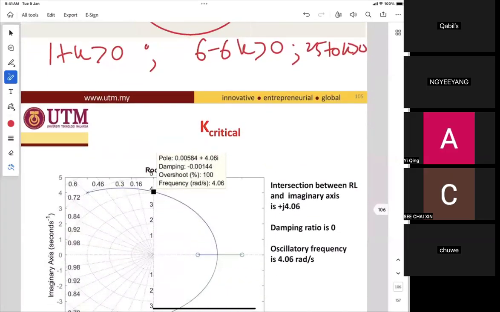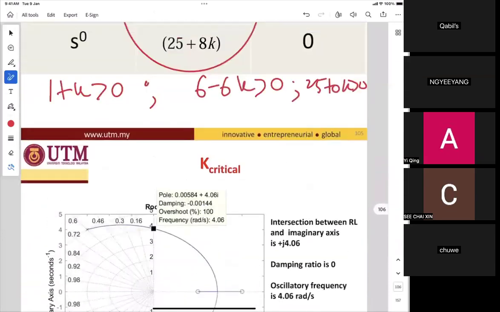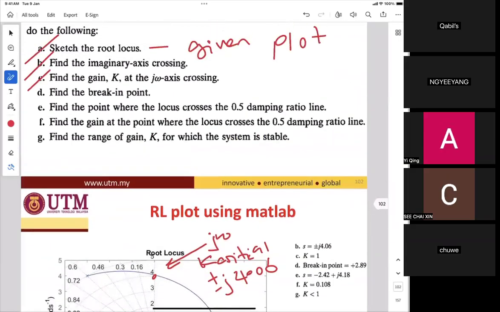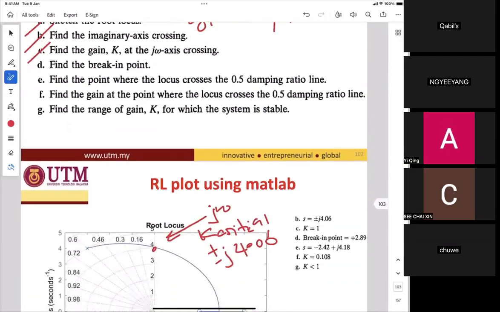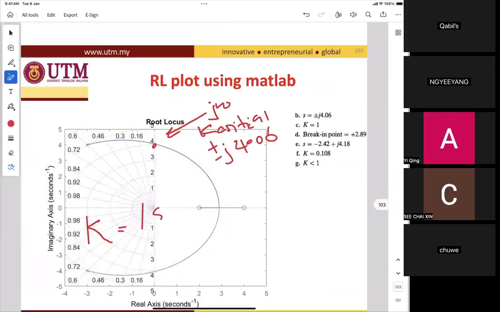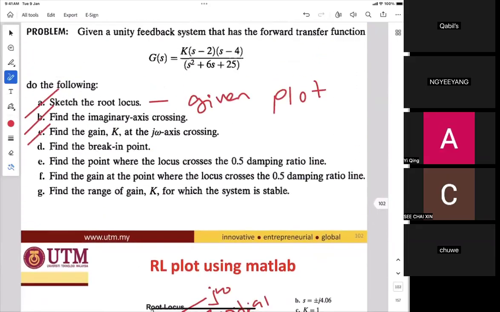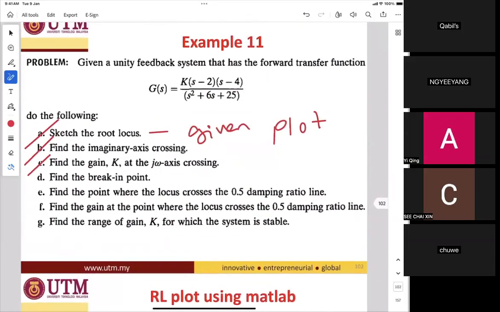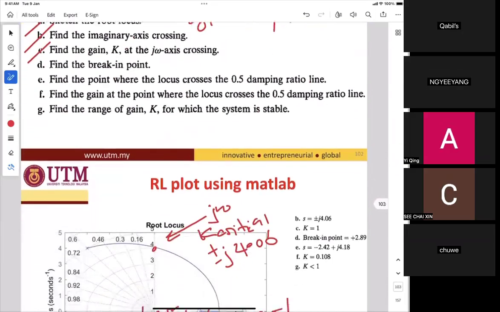Also can, but I advise you to directly use the magnitude formula, s squared plus 6s plus 25 over (s minus 2)(s minus 4).